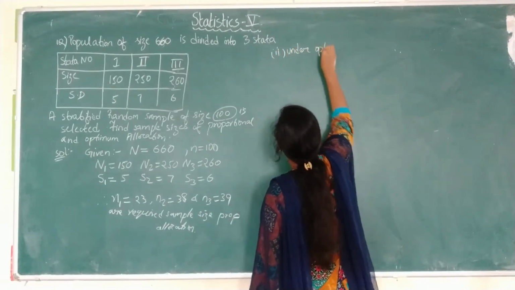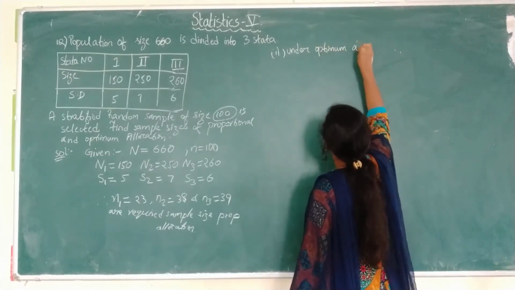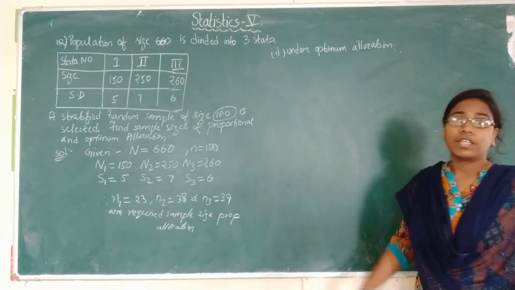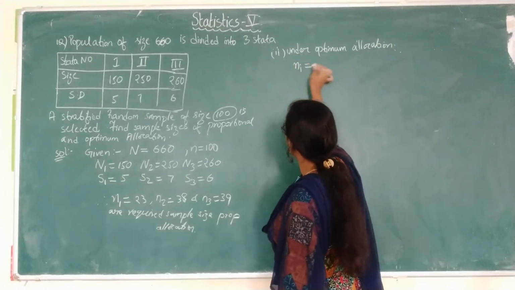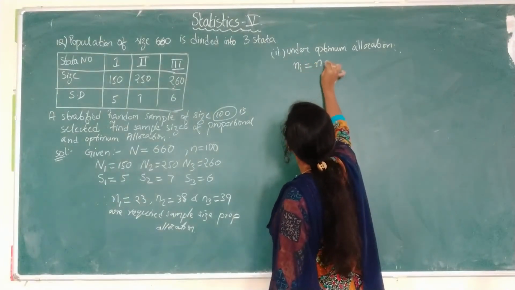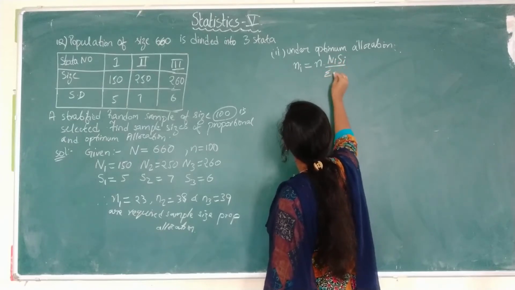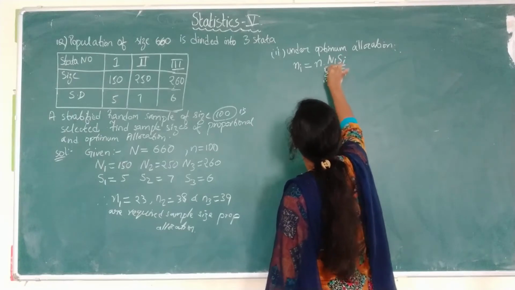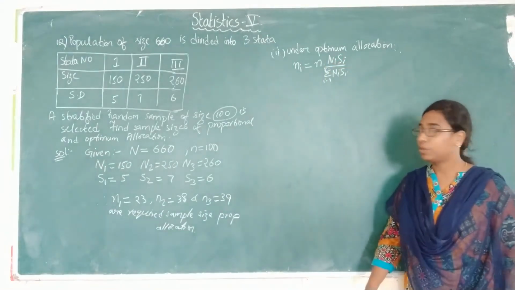So coming to the optimum allocation, here we have 3 samples. So summation over i equals 1 to 3, we will get.